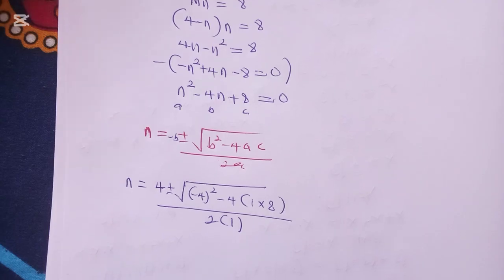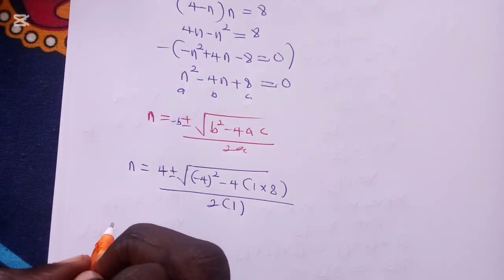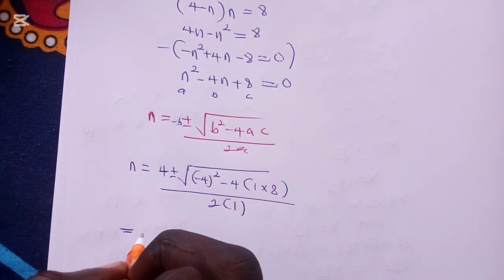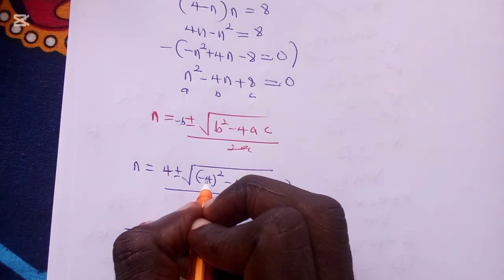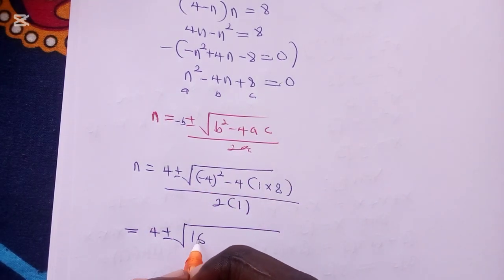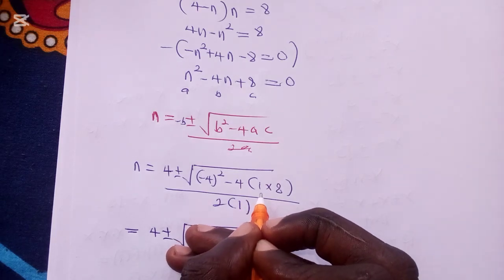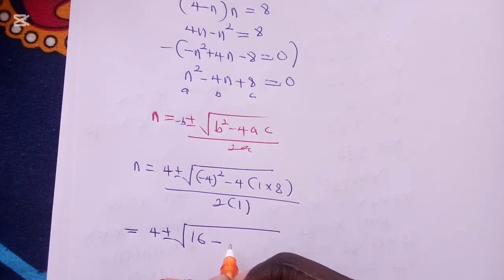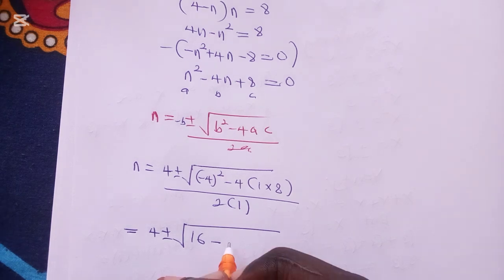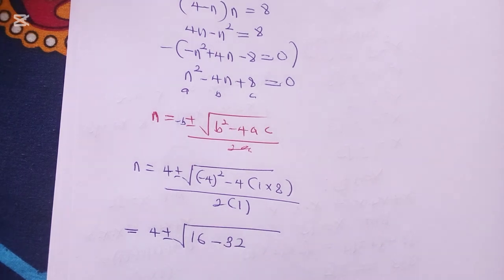Okay, then from this, the value of n becomes 4 plus or minus the square root of minus 4 square giving you 16, minus 4 times 1 is 4, 4 times 8 giving you 32.